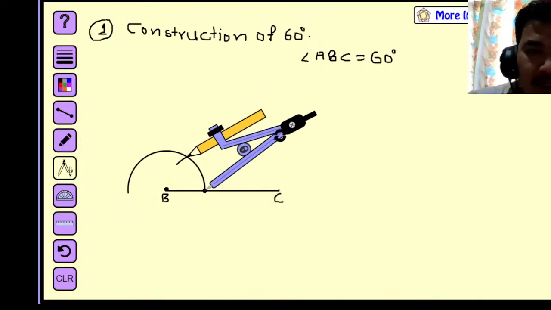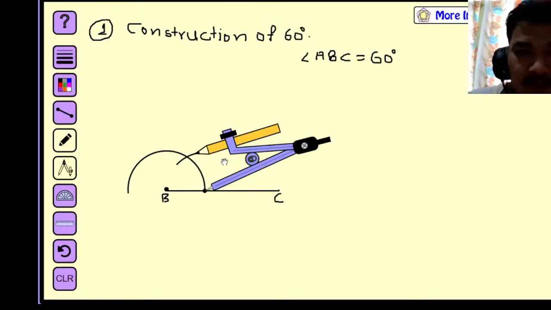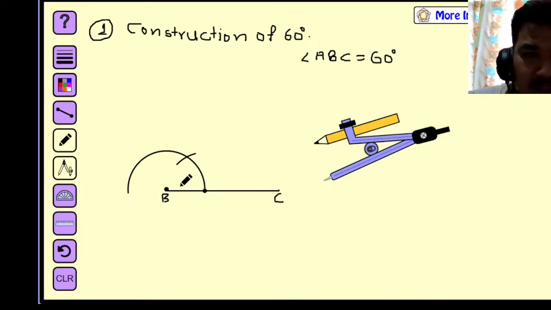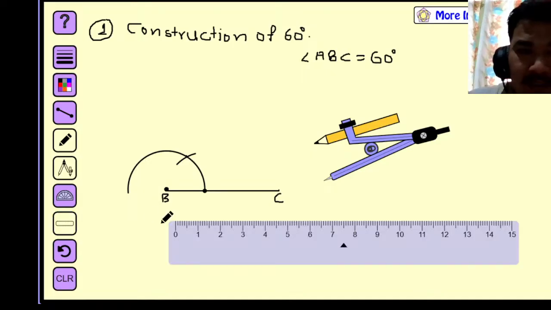Then cut this main arc. Now wherever it cuts, you can pick up this compass and put at that side, and wherever it cuts this main arc, put a point here. This point is for the 60 degree, right?